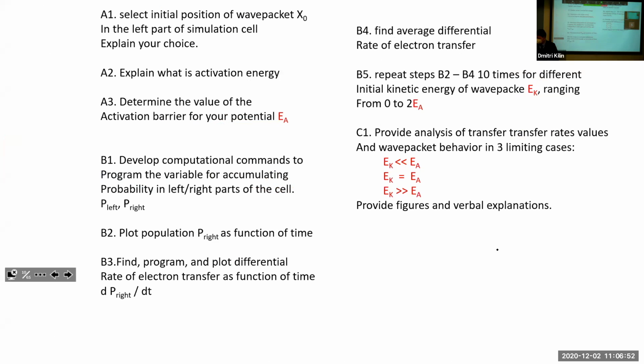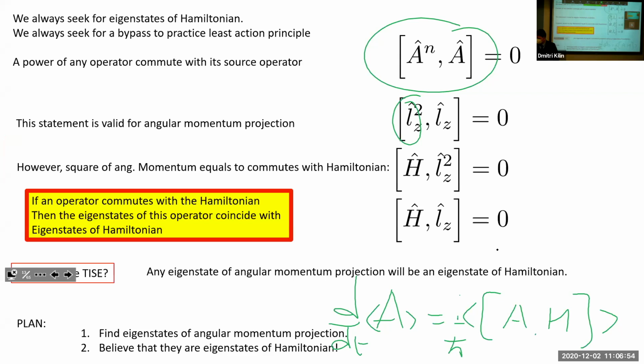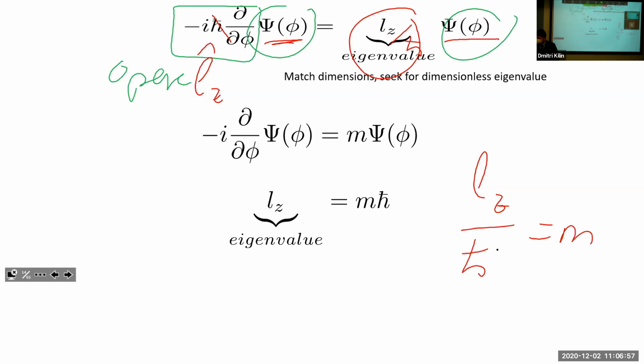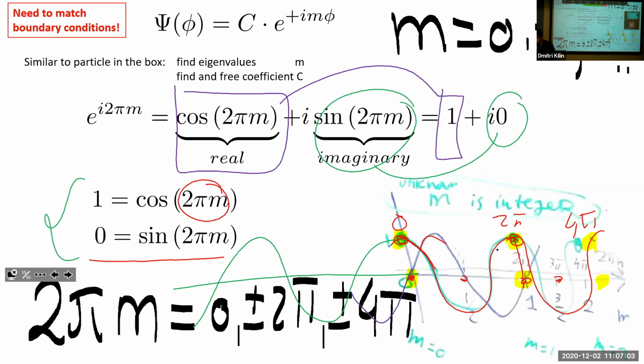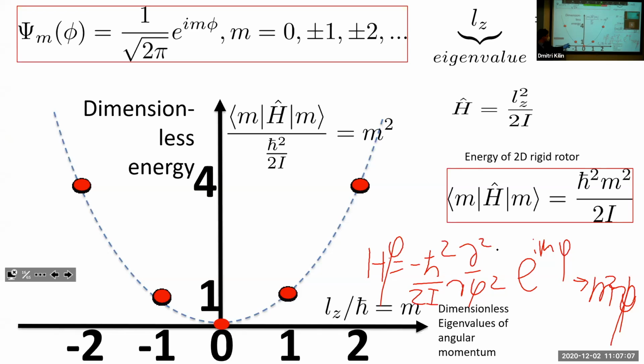So, the projects today. We solved the two-dimensional rotator, found allowed values of the magnetic quantum number by solving this trigonometric equation, found degeneracy and eigenstates, which are here on the top.